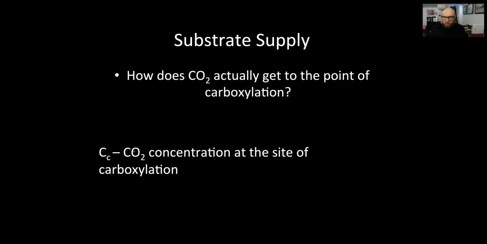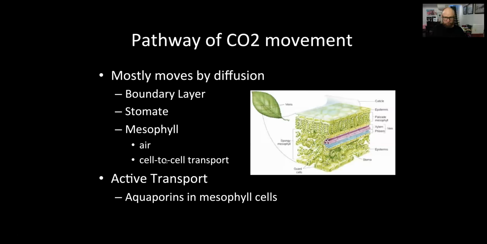That would be the concentration of CO2 in the stroma where all of that rubisco is located. We designate that as C sub C, so that's CO2 concentration, big C, at the site of carboxylation, little c. We will be using this in some equations in the next couple of weeks, and I might use this term, so I just wanted to highlight it here.